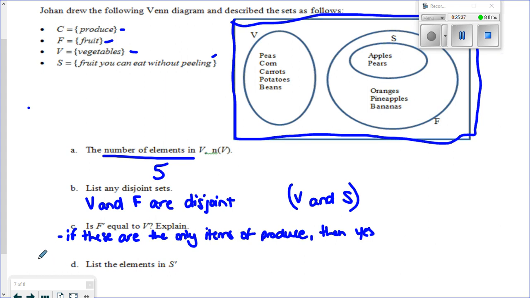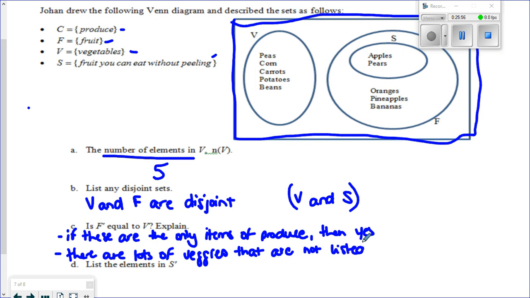But the other thing is, there are lots of vegetables that are not listed in V right now. So kind of no, kind of yes. You can sell me on both of those.